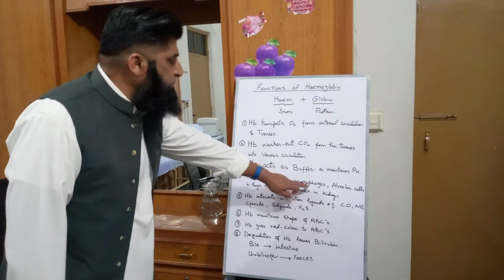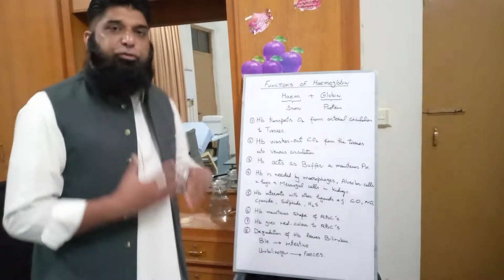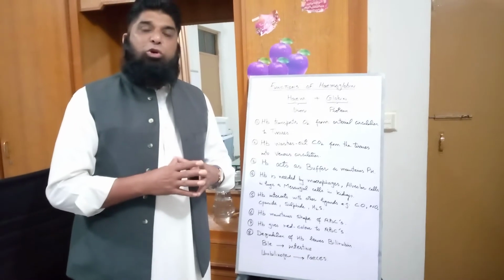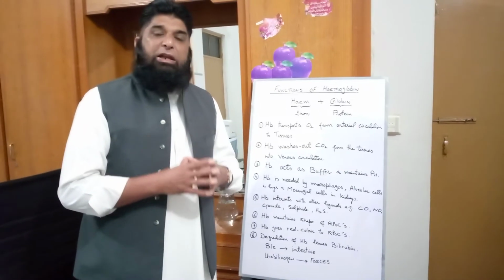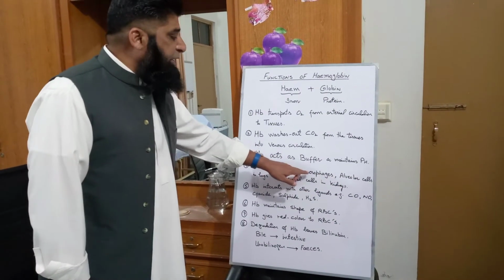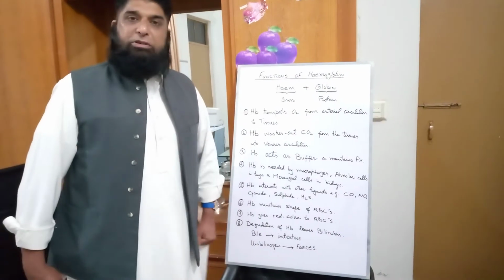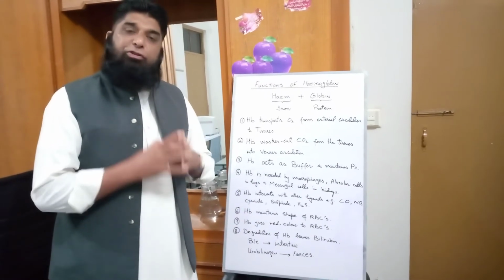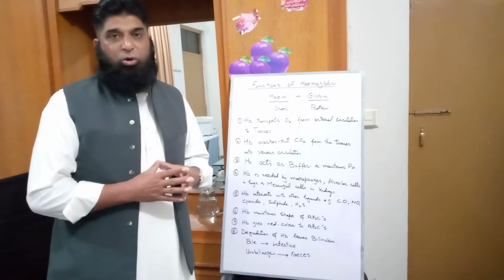As hemoglobin is needed by macrophages for their normal functioning, any deficiency of hemoglobin leads to decreased functioning of anti-inflammatory macrophages. As a result, infections are not efficiently controlled by the human body.